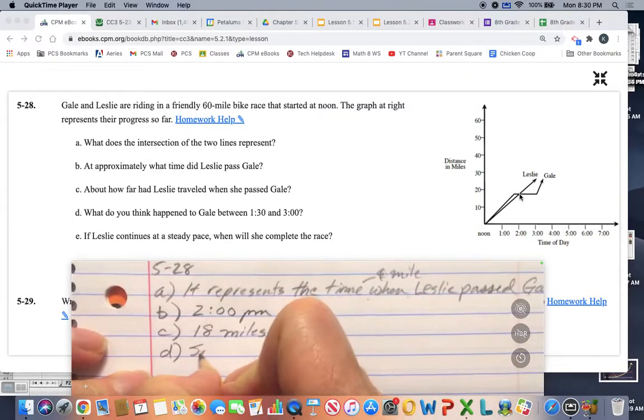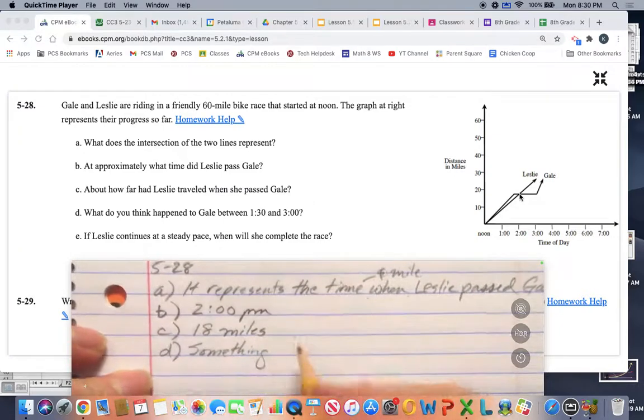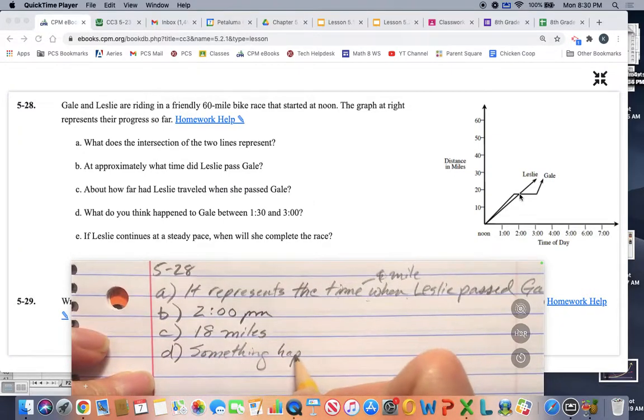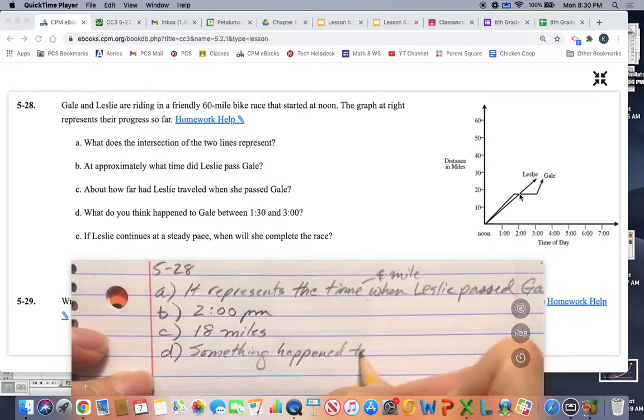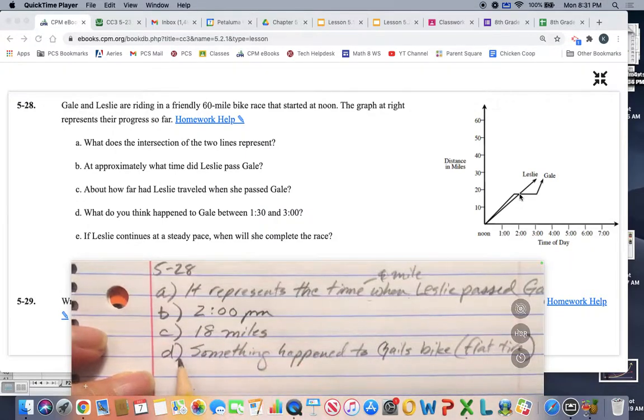Okay, so something happened to Gail's bike. And then we'll put like maybe flat tire. Although she probably would have been able to fix that. It might have been something more serious.